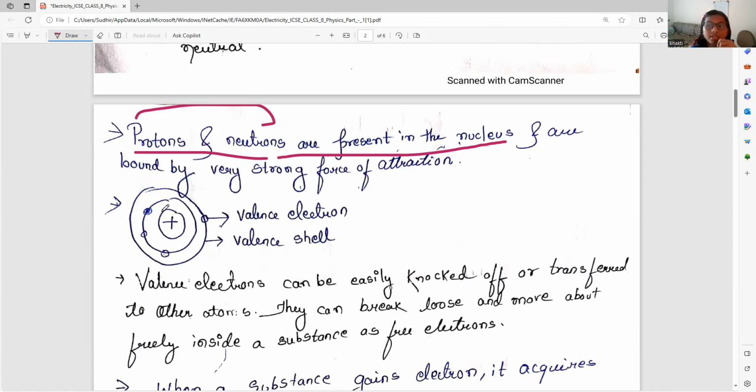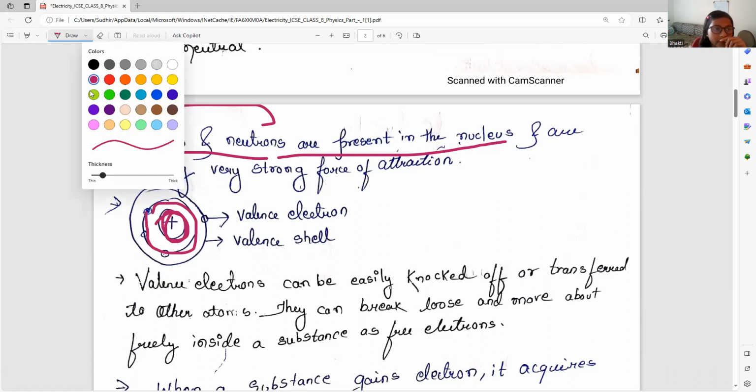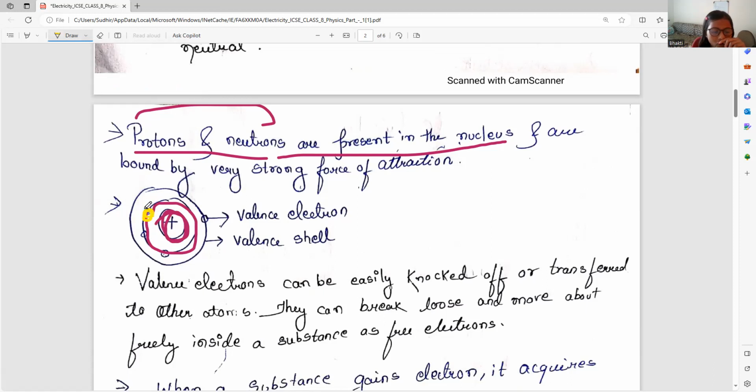It will only attract the electrons which are nearest to it. For example, this is the nucleus and this is the shell. On this shell, there are various electrons.